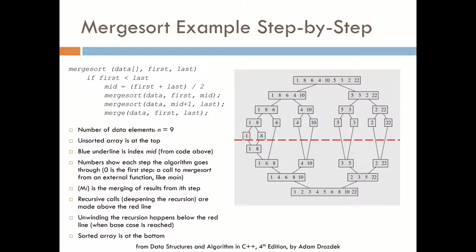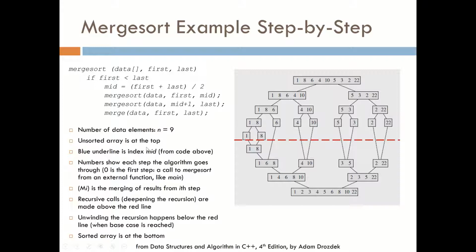So the base case in this case is the bottoming out that happens when first is not less than last. It's implicit, it's not explicitly stated, but if you look at this function, if this is not true, then that is the base case, because the function does not call itself. Okay, it simply terminates and returns to the previous instance.